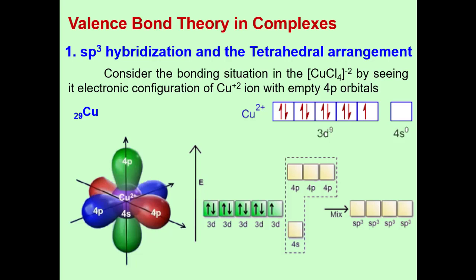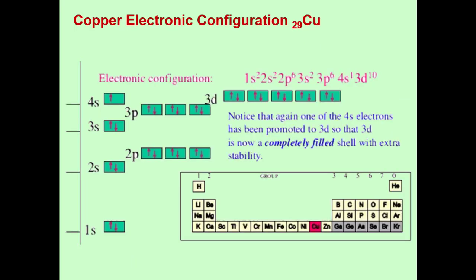So let me remind you of the exact electronic configuration of copper. You may see that copper in the periodic table is located here, and then you may see the electronic configuration from the beginning: 1s2, 2s2, 2p6, 3s2, 3p6, 4s1 and 3d10. When you count all these electrons, this comes to 29.